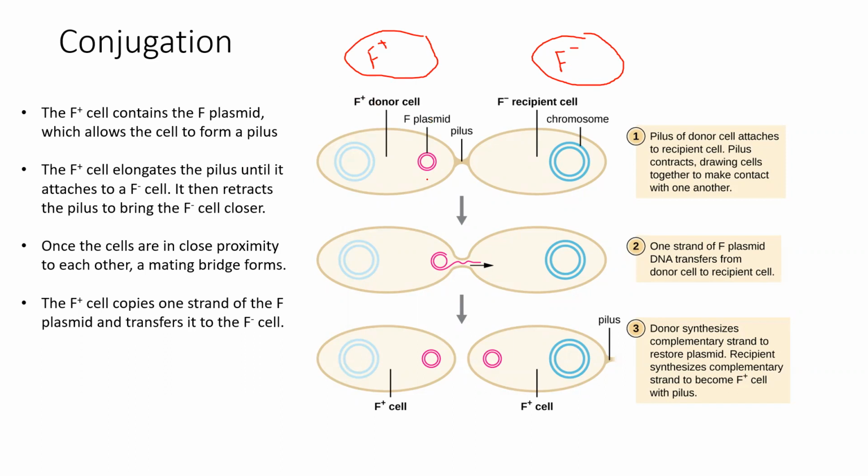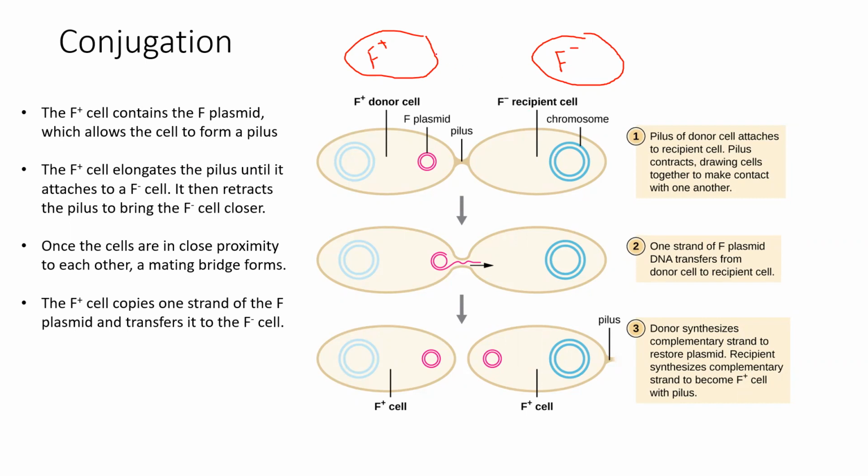Remember, plasmids are extra chromosomal pieces of DNA that are not essential for the organism's survival, but they offer an advantage. In this case, the F plasmid's advantage is that this organism can form a pilus. The donor cell has the plasmid, and the recipient cell originally does not.